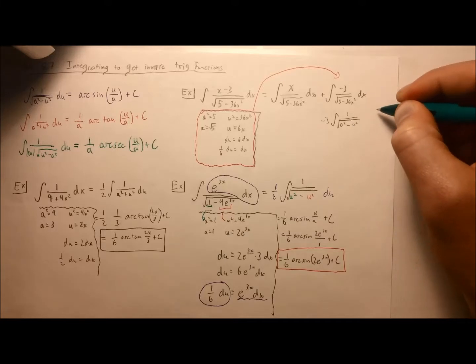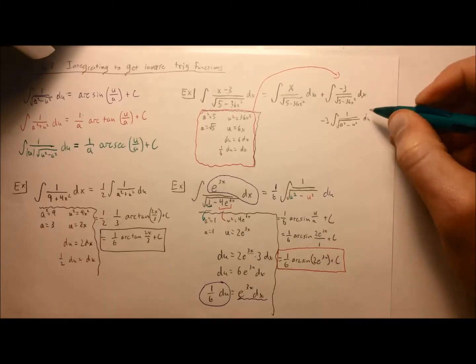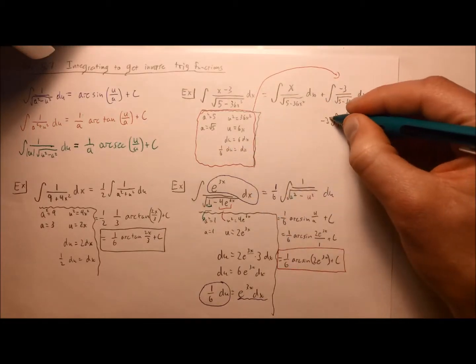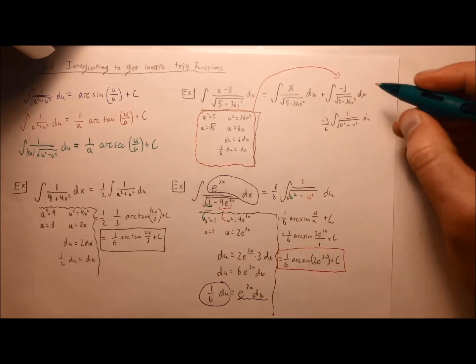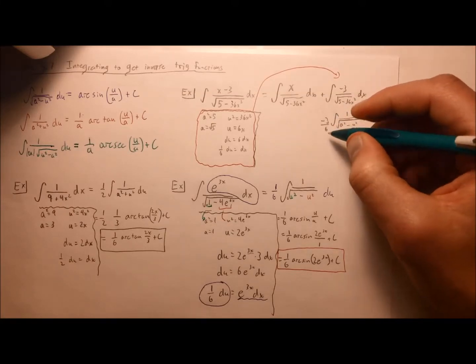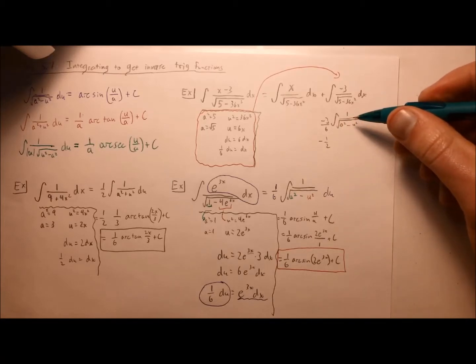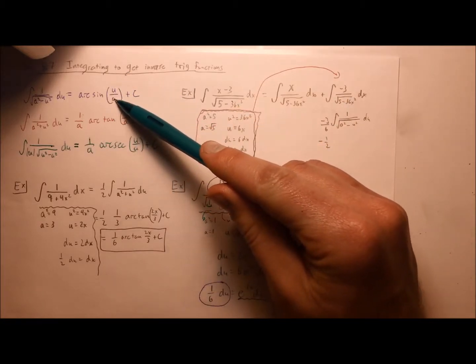The dx becomes 1/6 du. So I'm going to kick the 1/6 out front here. Multiply that by -3, and that's really just going to be negative 1/2. And that's going to be the arc sine of u over a plus c.